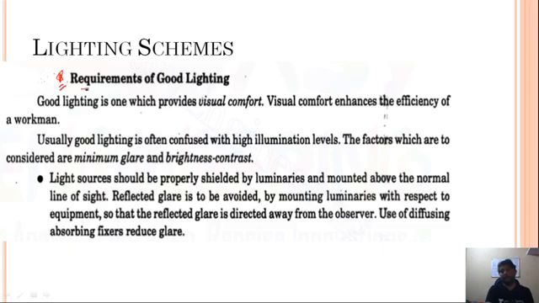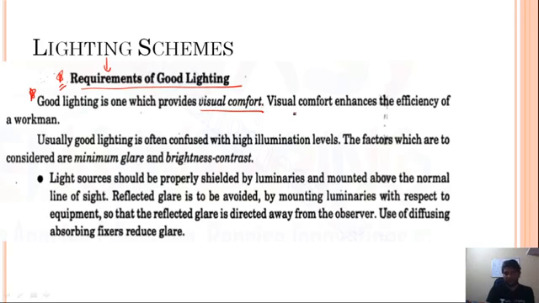Requirement of good light. So a lighting scheme has requirements of good lighting. Okay, so why do we require good light? For visual comfort. If the lighting is not good, it will give us visual discomfort, for example glare.